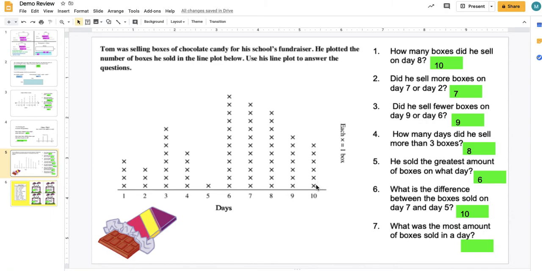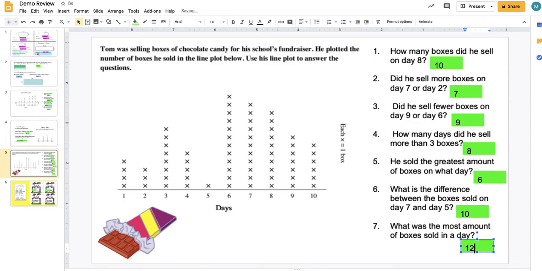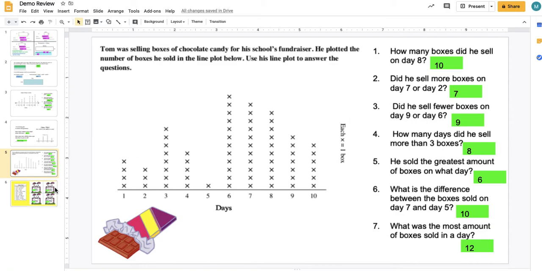So 1, 2, 3, 4, 5, 6 on day 10, no. The most amount of boxes he sold in a day, if each X represents a box: 1, 2, 3, 4, 5, 6, 7, 8, 9, 10, 11, 12 boxes on day 6. So the most amount of boxes sold in a day was 12 boxes on day 6.